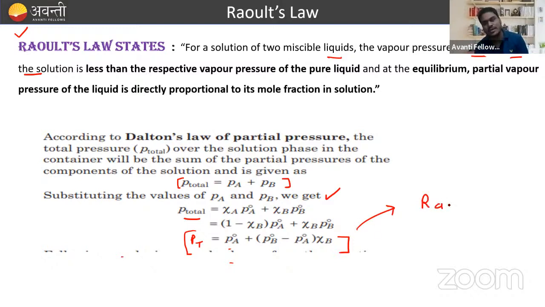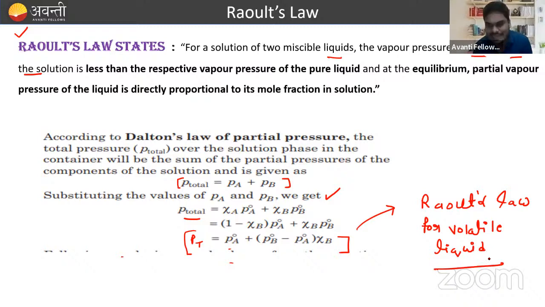So this is known as Raoult's law for a volatile liquid, or we can say volatile solute, because volatile means what? Volatile means something which is liquid, from which vapor can be formed, which has the capability to form vapor. Okay, so this is all about Raoult's law.